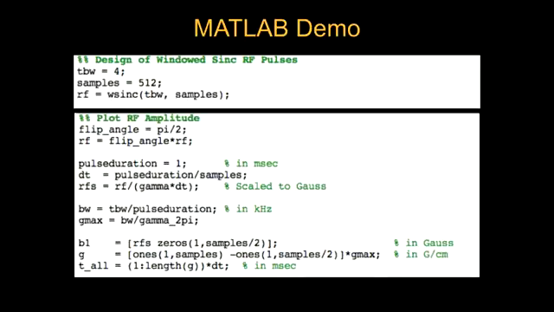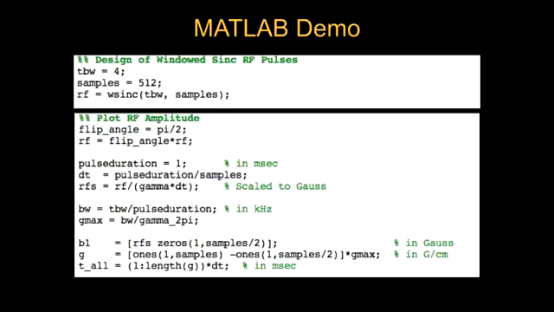And then here we are assigning the pulse duration to be 1 millisecond. That means dt, which is the distance between samples, should be the pulse duration divided by the sample number. So dt is determined, and then we make RF in an appropriate unit, Gauss. And then this is the bandwidth calculation.